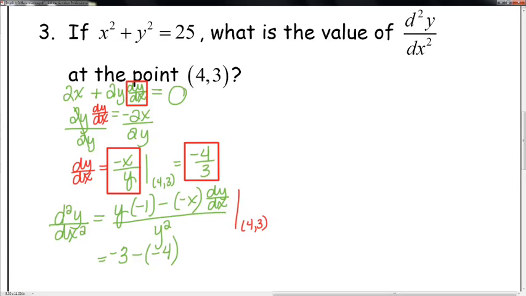So let's plug that in: negative 4 over 3, all over y squared. 3 squared gives me 9. And so this is negative 3 minus 16 over 3, all over 9. And we actually can just go ahead and stop right here.